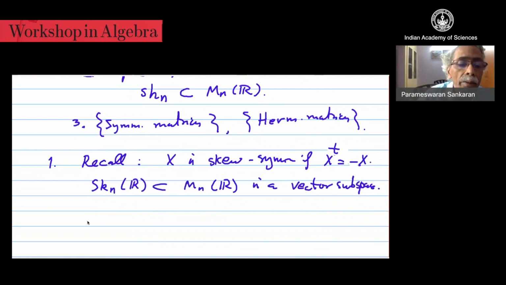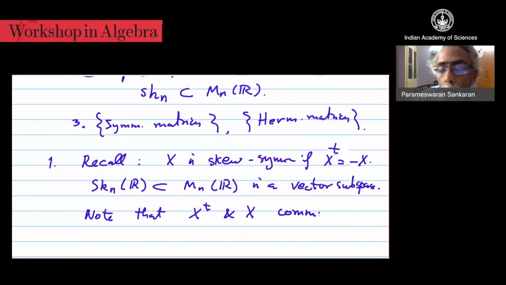All right. Now note that X transpose and X commute if X is skew symmetric. This is a trivial statement here.